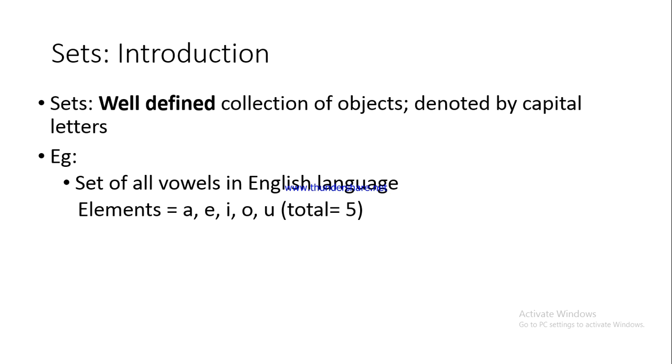There would be 5 elements in all: A, E, I, O, U. Is this okay? So this is an example of a set, but this is not how we write sets. The notations are slightly different. We'll discuss them also. But for now you should understand what sets are and what are the various elements in a particular set.